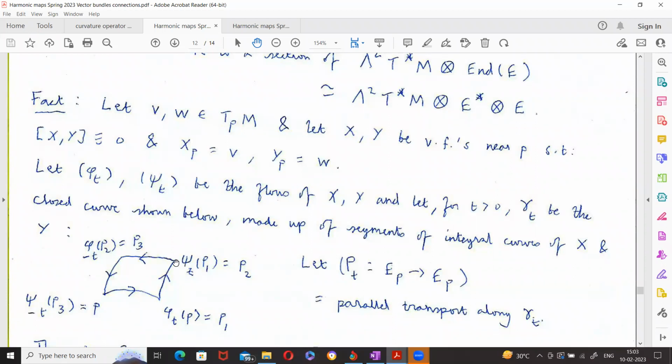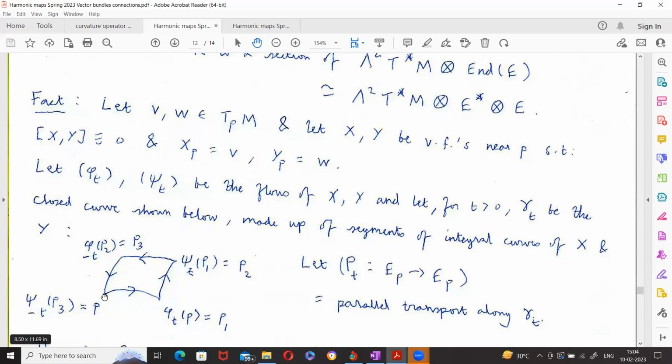Then I flow along the flow of minus X. So I apply phi minus T to get a point P3. And then I flow along the direction of minus Y. And that will bring me back to P because the flows phi T and psi T commute. I've chosen X and Y so that their bracket is 0. So when I do X for time T, then Y for time T, then minus X for time T and minus Y for time T, that will bring me back to where I started, right?